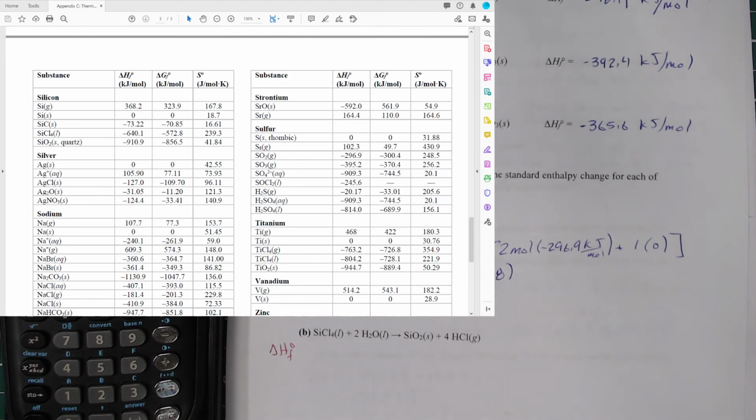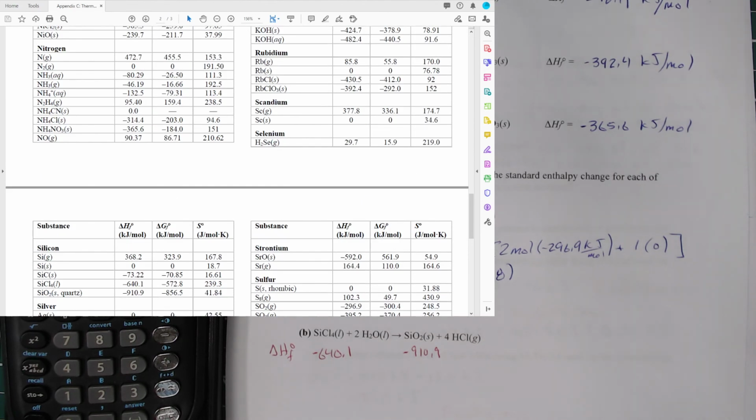All right, so silicon chloride, so negative 640.1. For water, we'll do the water here in a minute. Let's do the silicon dioxide. So silicon dioxide solid, negative 910.9. So negative 910.9.